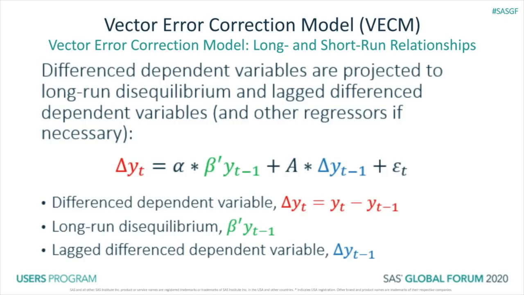Then the short-run relationships can be introduced from the A times delta YT minus 1. So the vector error correction model is pretty simple, but it incorporates both the long- and short-run relationships.